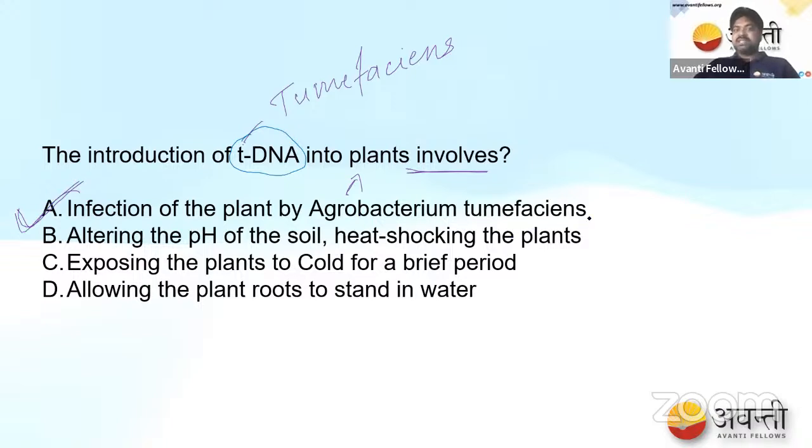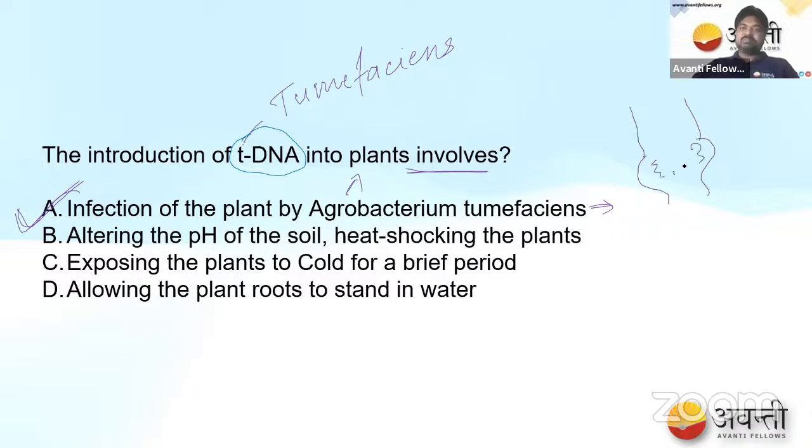Agrobacterium tumefaciens is responsible for plant cancer. Actually cancer does not happen in plants, but when infection happens by Agrobacterium tumefaciens, some mass is developed on the plant trunk.